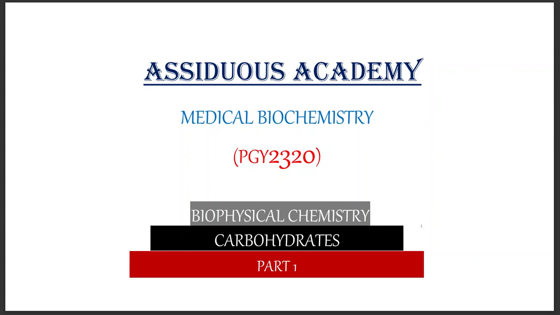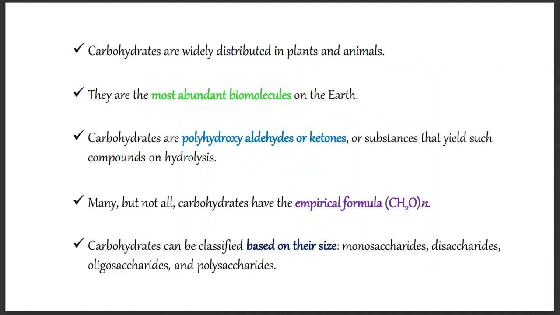So this is carbohydrates. I have some knowledge already from first year, of course, but there is nothing that is to be taken for granted at any point. Carbohydrates, you'll find them in plants and in animals, and they are the most abundant biomolecule, not just in humans but on Earth.